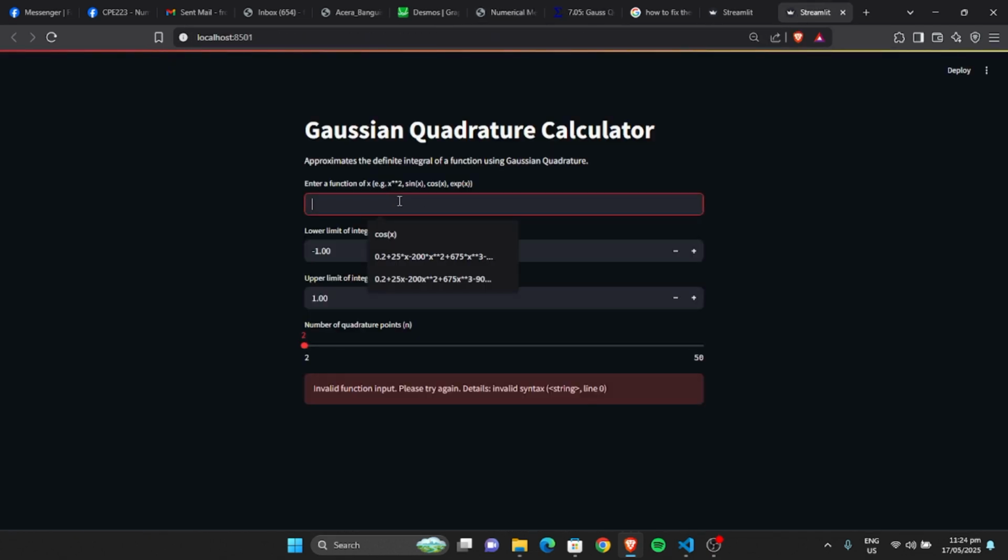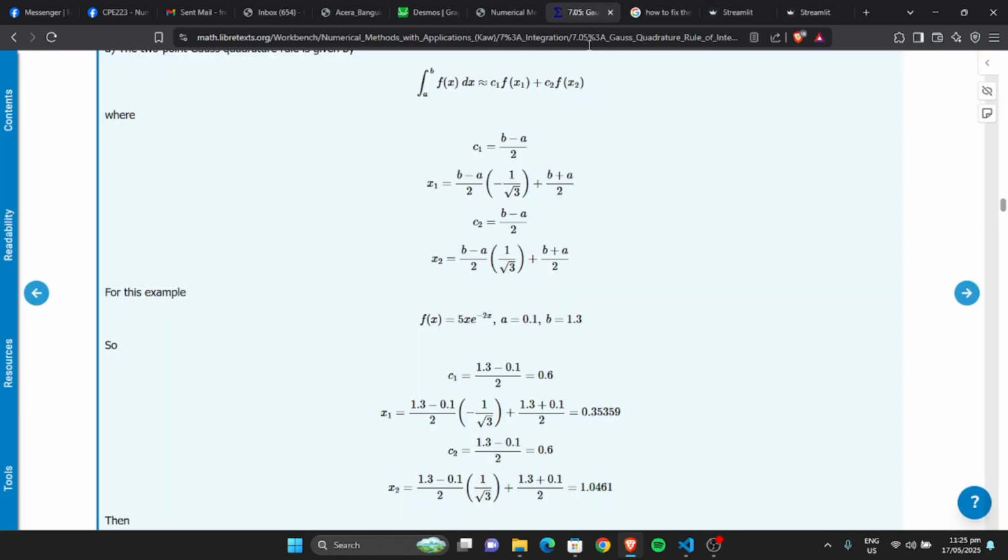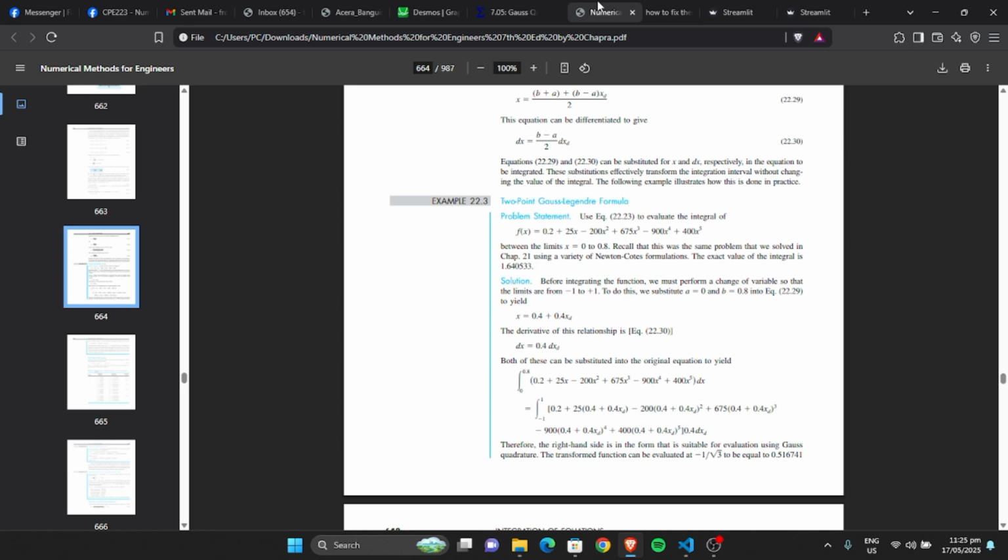We now have here the problem. So we just need to input the A and also the B. The A of this problem is 0 and the B is 0.8.